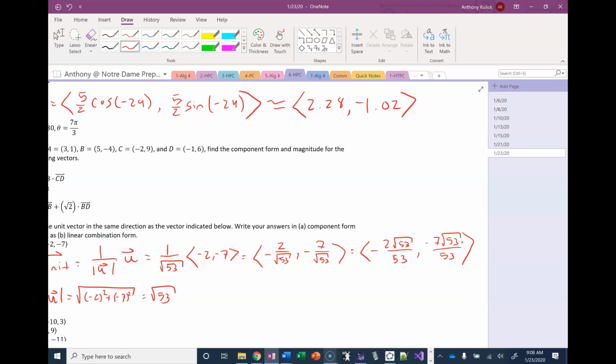To write this in linear combination form, all I do is I take the x-coordinate and stick the vector i onto it, and then I write it plus the y-coordinate and stick the vector j onto the end of it.